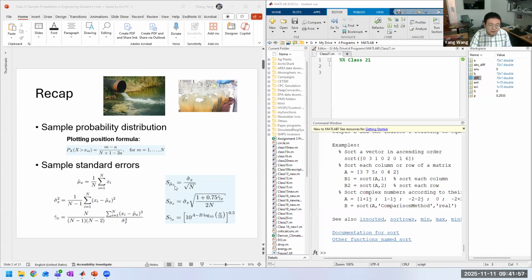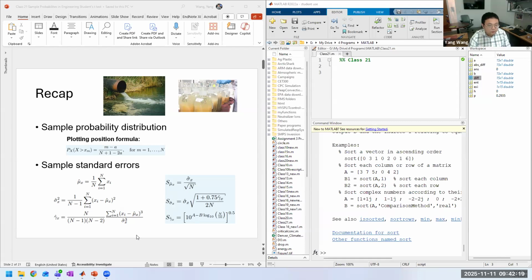That's why these standard errors, which are shown on the right-hand side, are associated with the square root of n, right? Basically, the more samples we take, the smaller the standard errors for these calculated means, variance, or skewness will be.